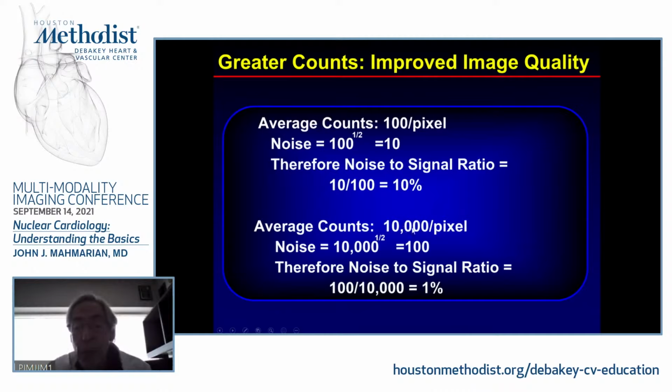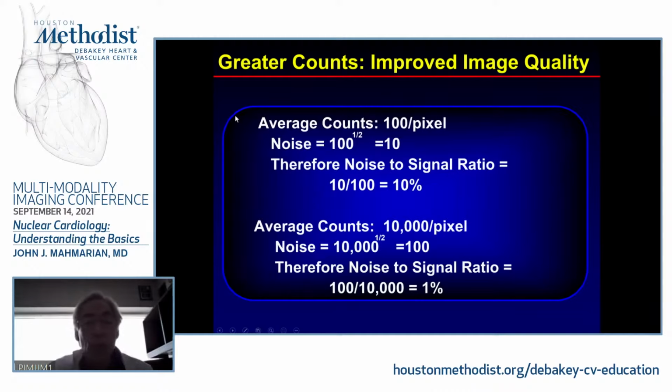But if you have 10,000 counts per pixel, now you get the square root of 10,000 and you only have 1% noise. So you can markedly improve your image quality, okay, by increasing the time you image patients, increasing the counts. And the way you increase counts are two ways: either get more millicuries of radiotracer or increase the time that you're imaging someone. But that's the way you avoid noisy images and improve your image quality.